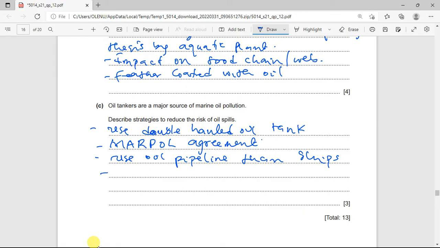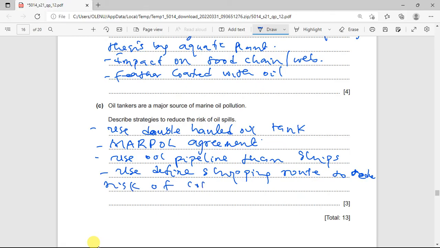Next, you can use defined shipping routes, and if you use defined shipping routes, it reduces the risk of collision. So that will give you a full mark. It's no big deal about that.